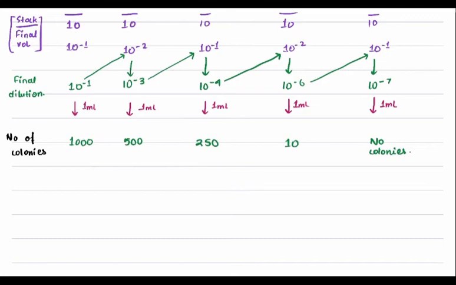Now you can calculate the CFU per mL, or the viable count. So for that, CFU per mL is equal to the number of colonies divided by the volume plated, multiplied by the dilution factor.